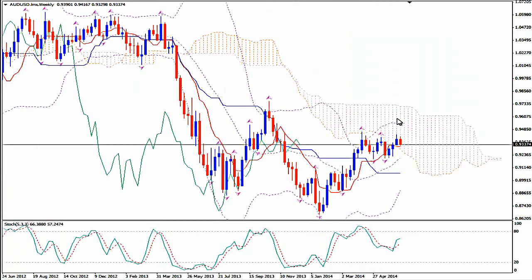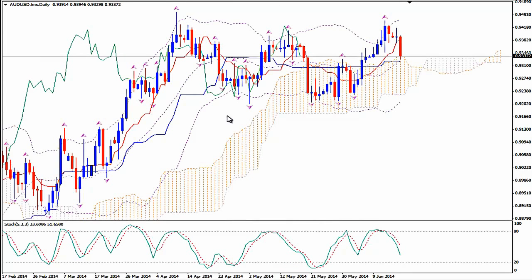Weekly everything looks bullish, although the pair is moving inside the Kumo here too. And daily also looks bullish, but for now we will take advantage of this corrective mood and we are going to take a nice short trade if all our entry conditions are met.